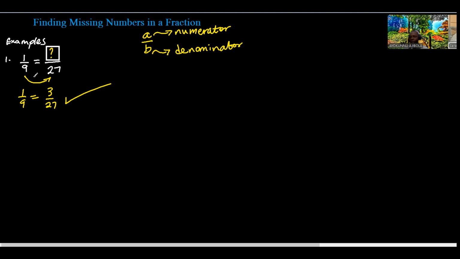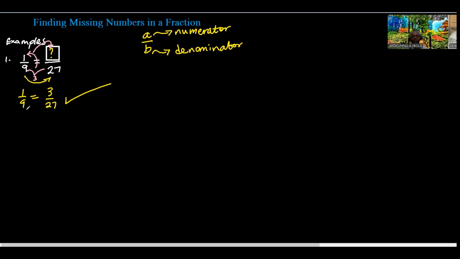Because there's a 3 that we used to multiply this to give us this, then that 3 multiplies 1 to give us this one. So we compared the denominators because we have both denominators.